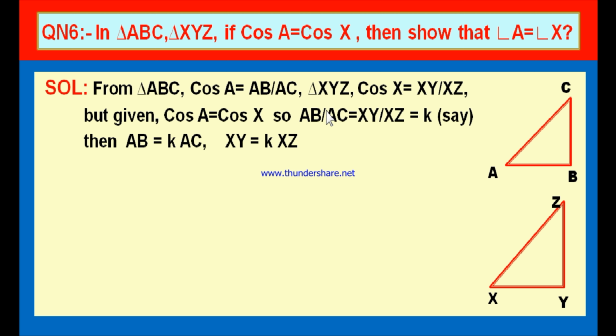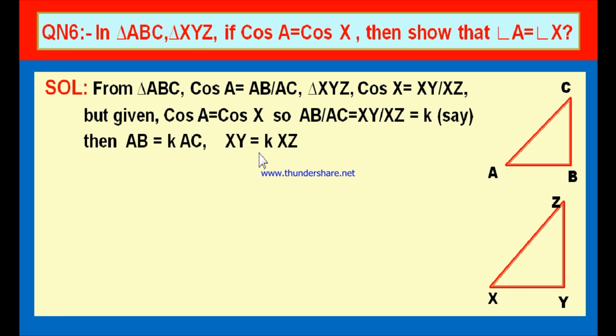AB is equal to, here AC divides AB. If we take it to the other side, it should multiply K. Therefore, AB is equal to K times AC, or K into AC. Similarly, if XY by XZ is equal to K, then XY is equal to K times XZ. XY is equal to K into XZ.